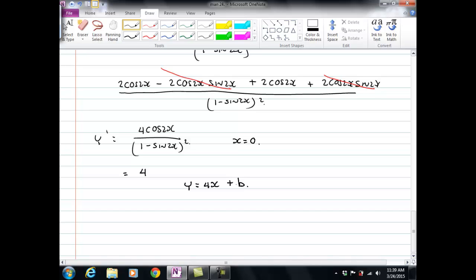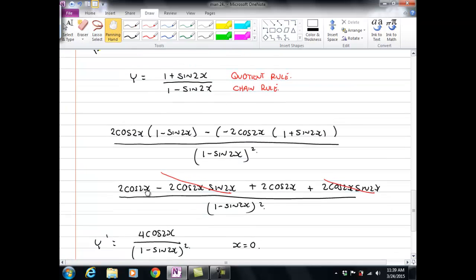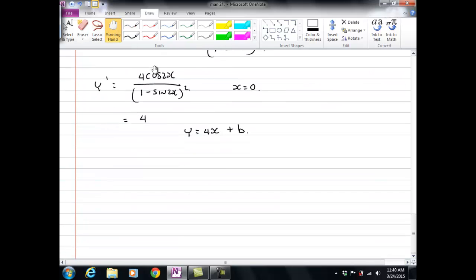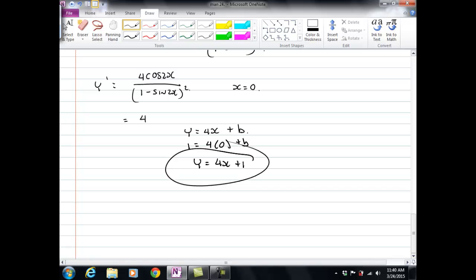How can I do this without a y value?" In reality, you can actually calculate the y value on your own. To calculate what y is, I plug 0 into my equation. When I plug 0 into my equation, you should have y equals 1. So really, this equation becomes 1 equals 4 times 0 plus b, y equals 4x plus 1. Congratulations to the 3.